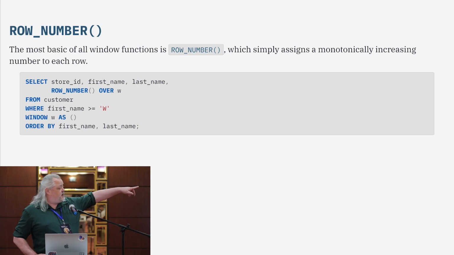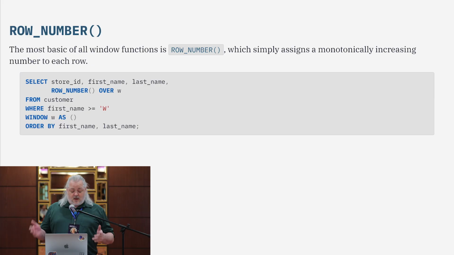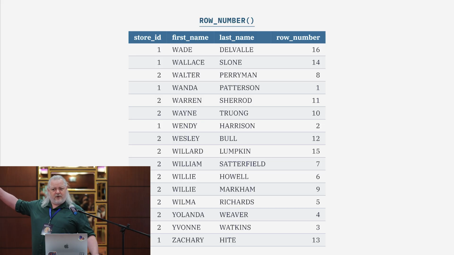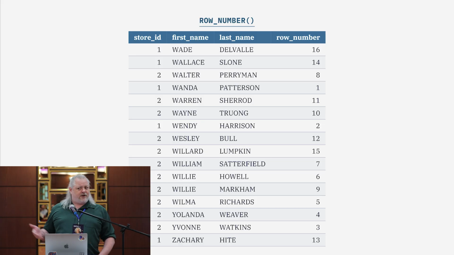except now we have the window W as empty parentheses, and we have a row number over that window. What do you think the result's going to look like? Okay, it looks like that. Why does it look like this? It is a sequence, 1, 2, 3, 4, 5, but it's not in any order.